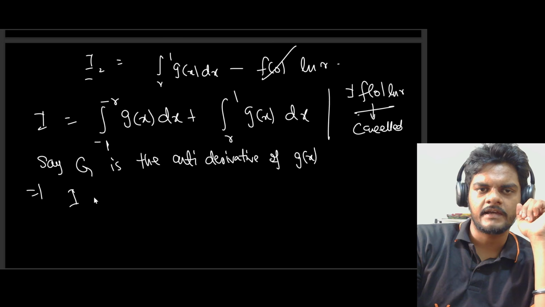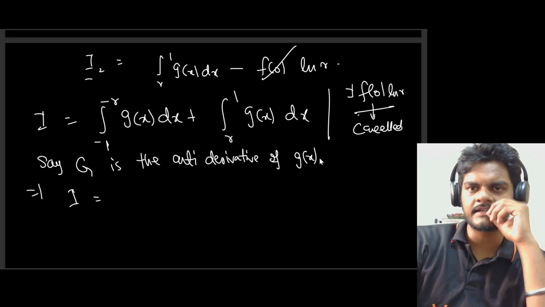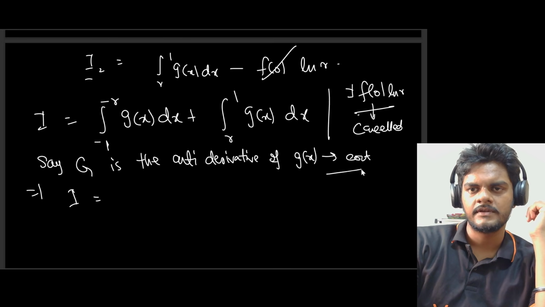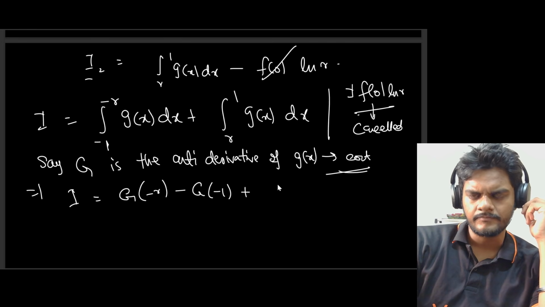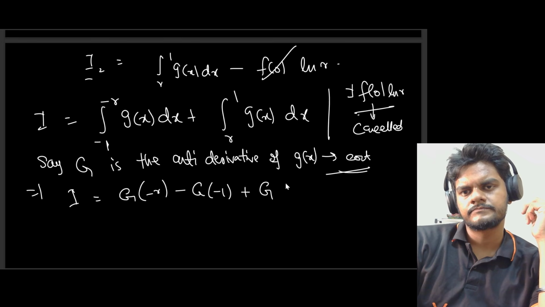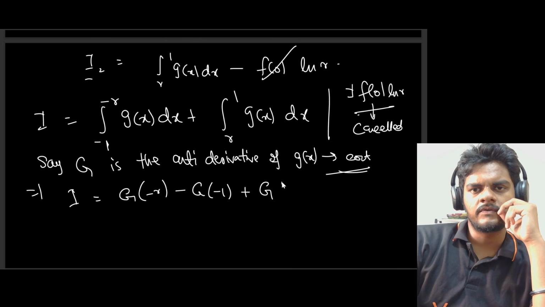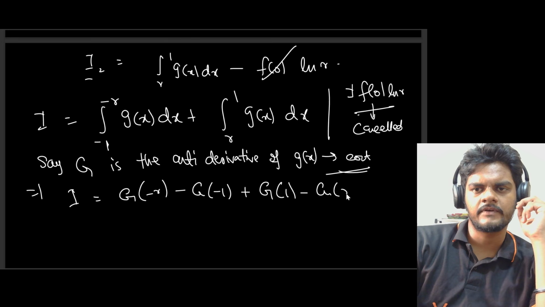That implies, since g is continuous, I is equal to G of minus r minus G of minus 1 plus G of 1 minus G of r.